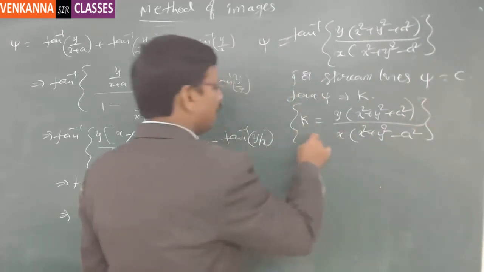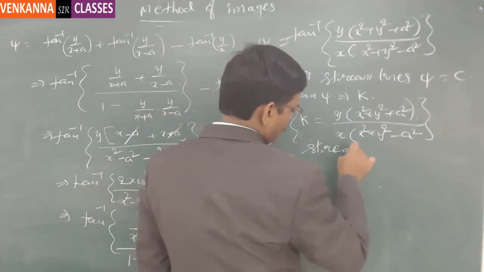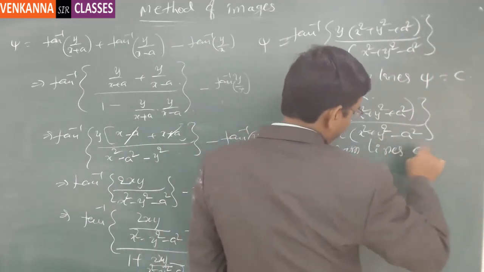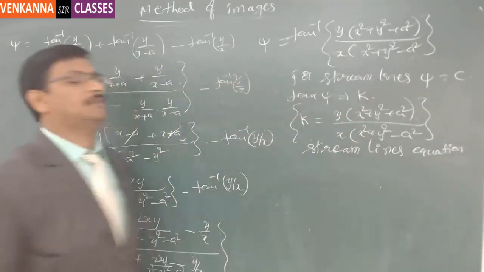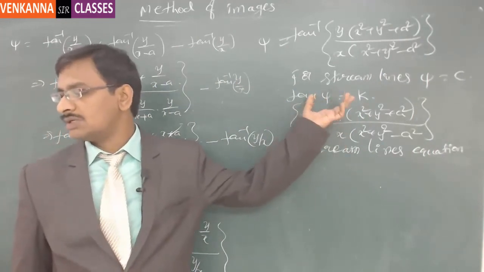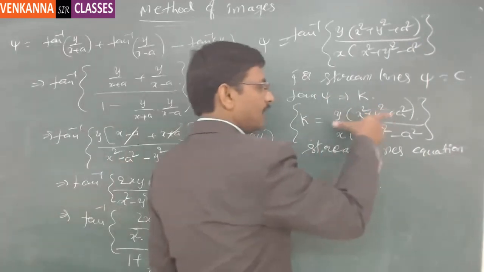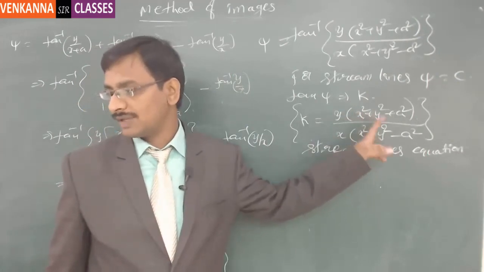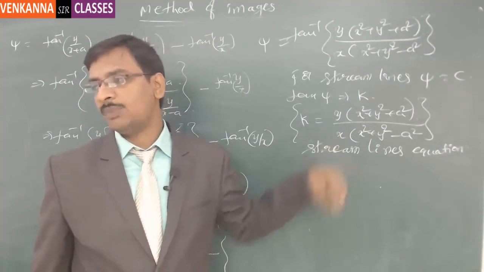Now this is what gives the stream function or streamlines. So for a constant value, this is the streamlines equation, and the stream function psi equal to constant will give the streamlines for us, right? So based on this diagram, we can identify how the fluid is flowing at any random location x comma y. This will give the fluid flow direction at any point for us.